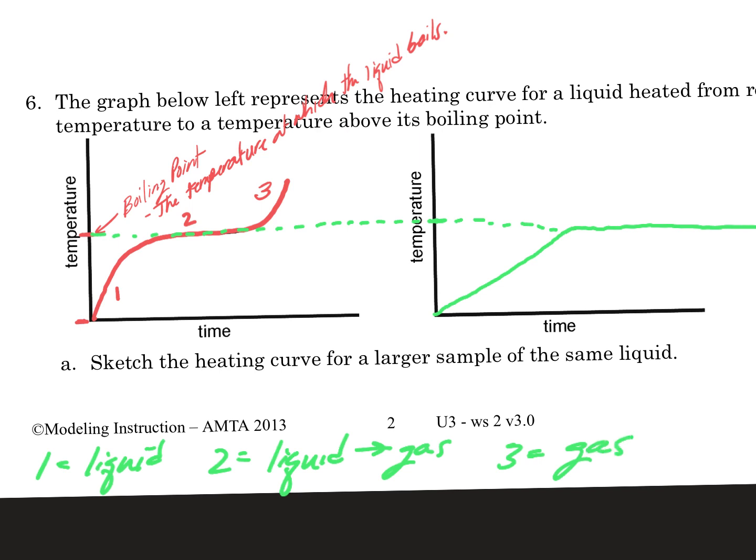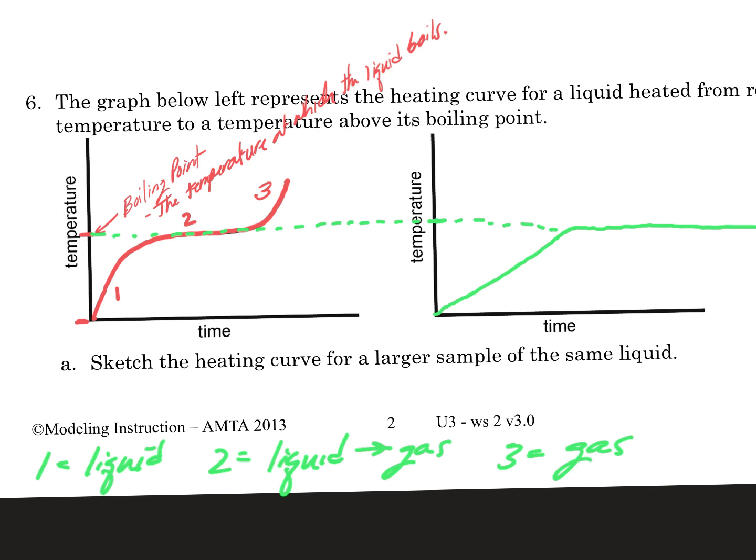So during part 1, it's all liquid. During part 2, it's liquid and gas, right? Depending on where we are in the boiling process, we start out with all liquid, we end up with all gas during that boiling process, and any place in between, we've got a mixture of gas and liquid. And then during part 3, it's all gas. I hope that's clear to you.